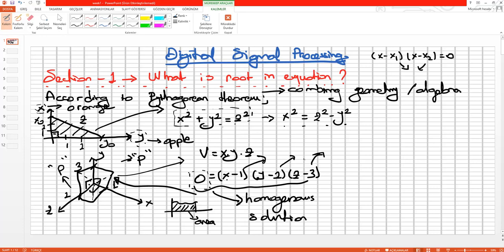Okay? And so what is the meaning of this zero value? Zero value represents what? If we take the root value, then this must be equal to 0, because it defines itself at this root. Okay?